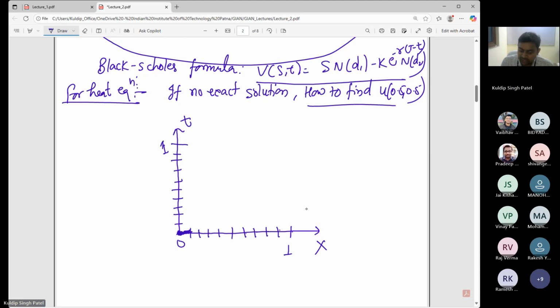If you take 10, it might be a bit complicated, but it's okay. At each step we take a step size delta x. So tell me, what will be the value of delta x?